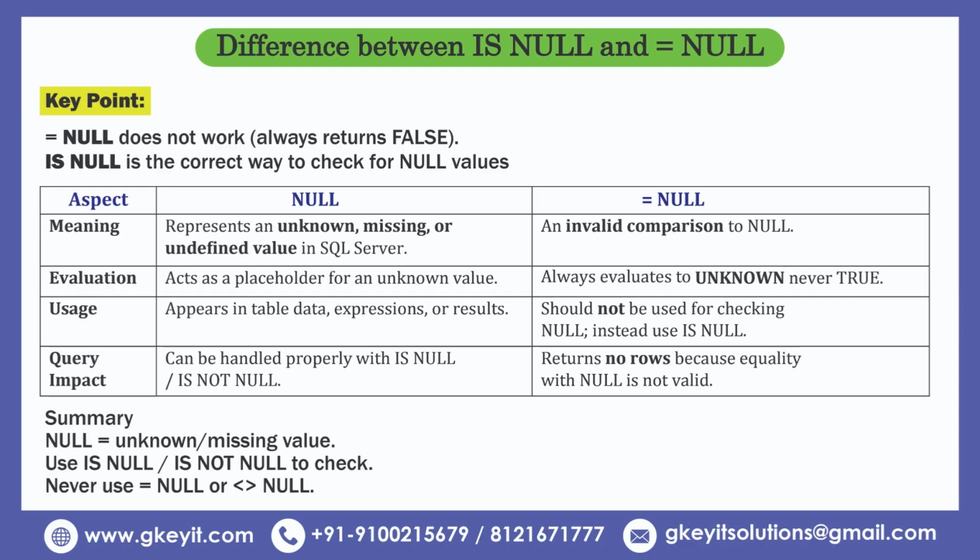Null can be handled properly with is null and is not null that we have seen in the previous slide. And equal to null returns no rows because equality with null is not valid. In such a scenario, is null and is not null can be used. Equal to null cannot be used in SQL Server databases.